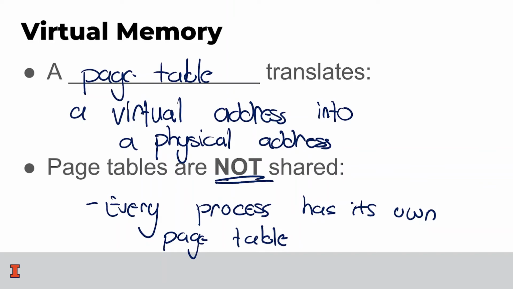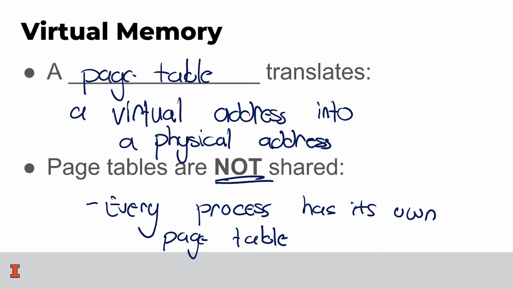Yes, the CPU and the operating system work together to make a page table. Where are page tables stored? They are themselves stored in memory, but in memory that the kernel controls.